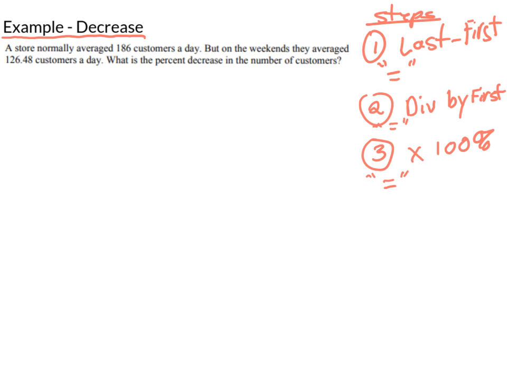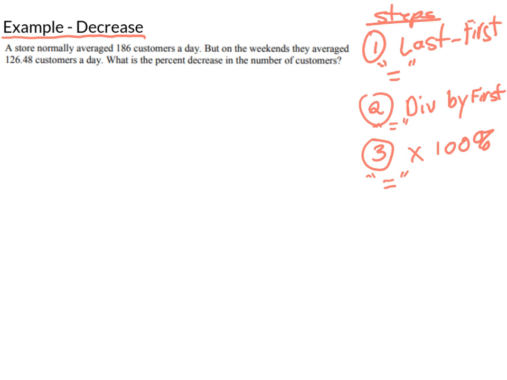So this problem has some stuff you have to decode and you have to recognize. So this says a store averaged 186 customers a day, but on the weekends they averaged 126.48 customers a day. What is the percent decrease of those numbers of customers?